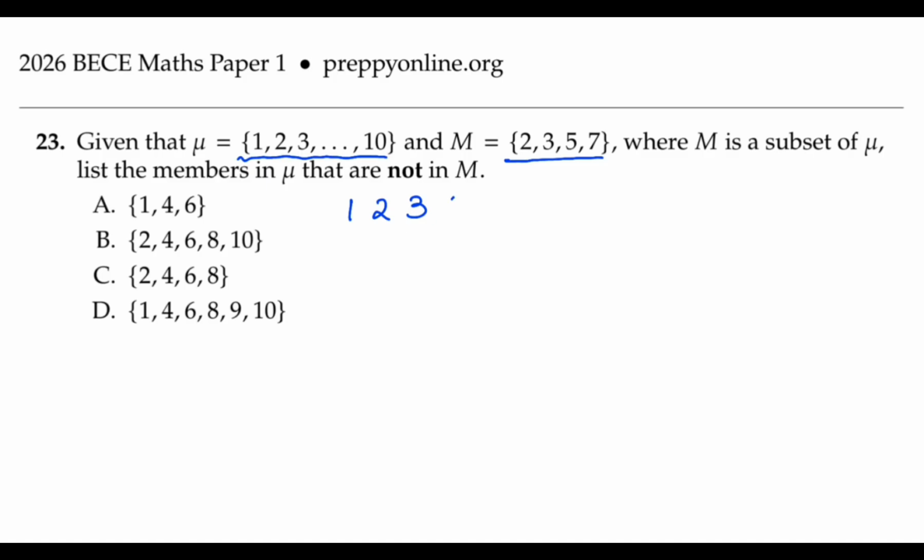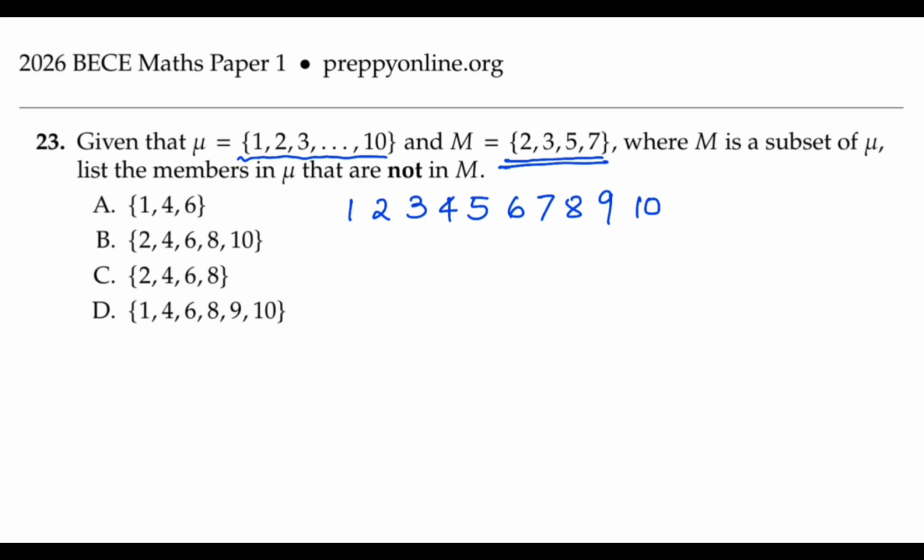So let me just write it since there are not so many. 1, 2, 3, 4, 5, 6, 7, 8, 9, 10. And then we are given the set M, which is 2, 3, 5, 7. And we are supposed to list the members in mu that are not in M.